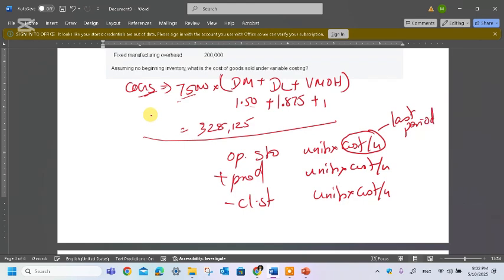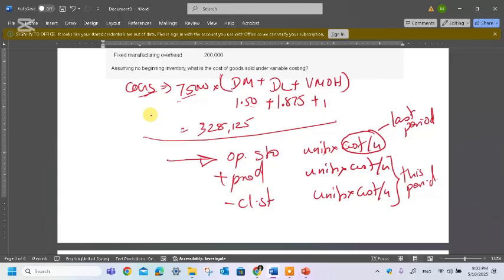Opening stock comes from last period. So if last period had a different cost, they won't complicate that much. But if you get a question with opening stock, and they say last month there was a different material cost and this month is a different material cost, then only for opening stock you take units multiplied by cost per unit based on last period. Production and closing stock are based on the current period.